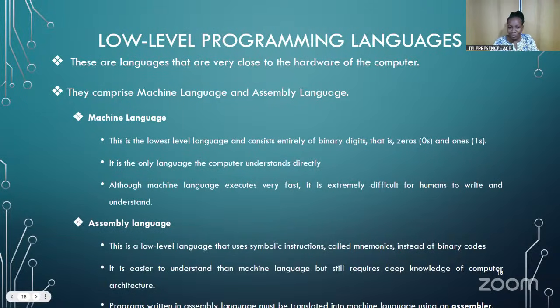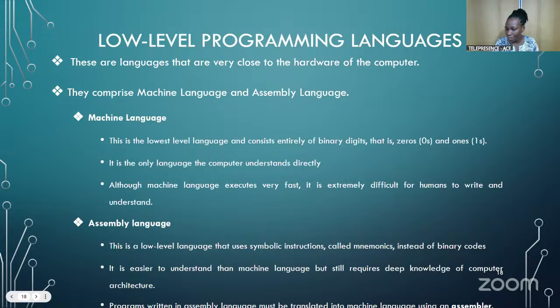So what we are calling machine language is the native language of the computer. It is what the computer understands without any difficulty. This machine language consists of zeros and ones. They are binary digits. That means even when you say, okay, Alexa, do this, it's translated to a series of zeros and ones.